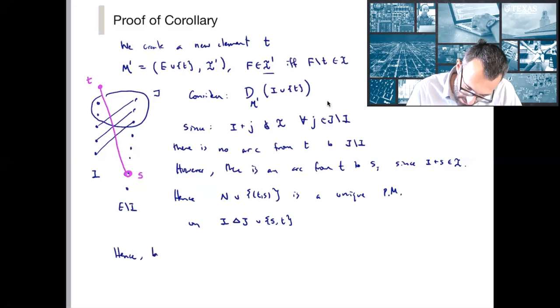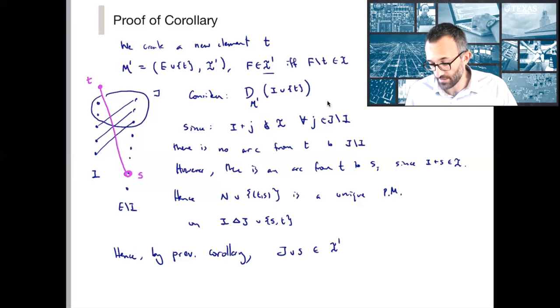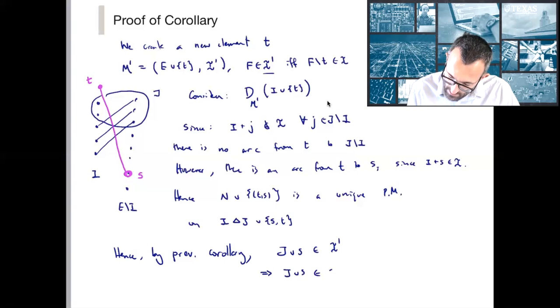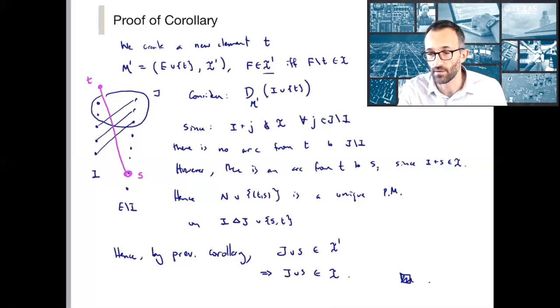So hence, by the previous corollary, it means that J union S is an element of I dash, but J union S doesn't even contain T, so this means that J union S is also an element of I, which is what we wanted to show. So we're going to see for matroid intersection that this result and the previous result are going to be very useful for us.